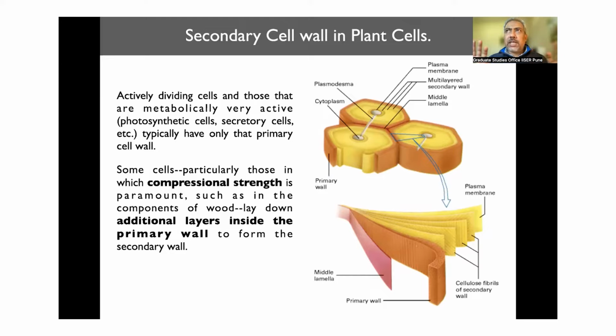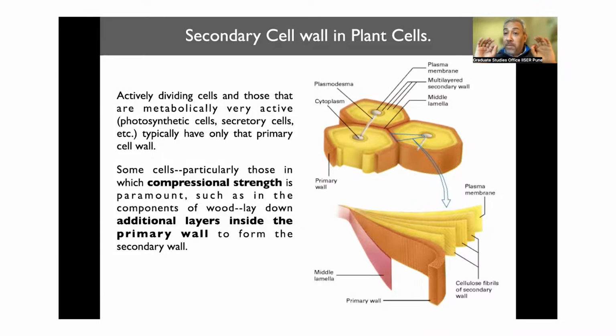The reason I'm presenting both of these cell walls, the cell envelope in bacteria and the cell wall in plants side by side, is because as an idea, they are doing similar things, right? Because they are a layer outside the plasma membrane that is trying to protect. And they've evolved very differently.